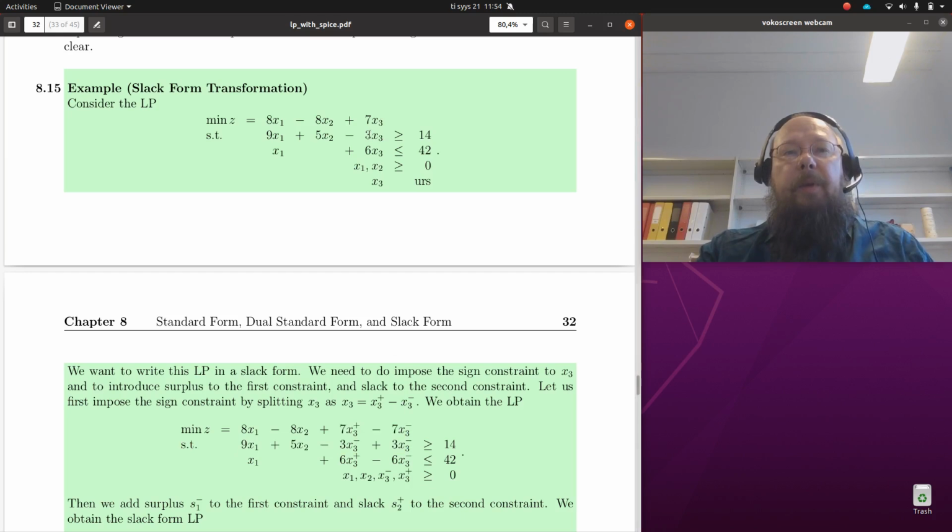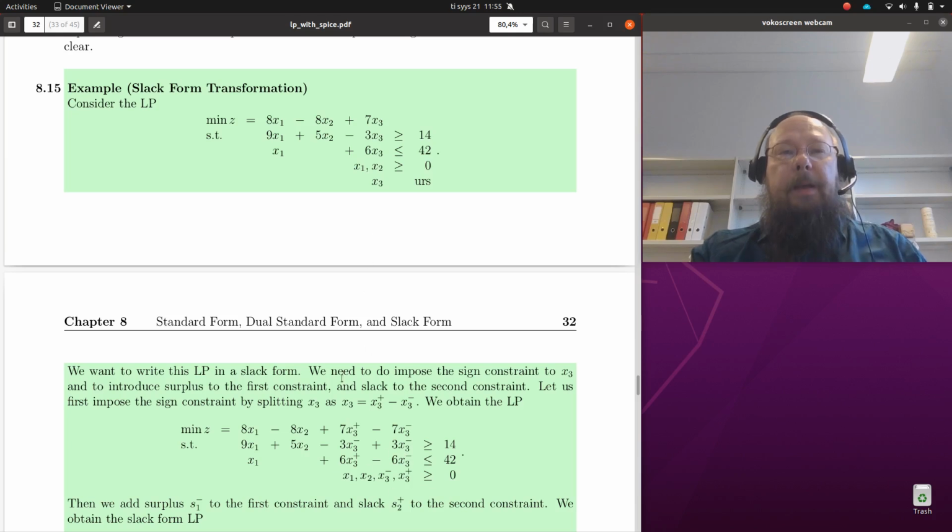Then I do it wherever x3 appears, open the parentheses, and adjust these columns so that this is an x1 column, x2 column, x3 plus column, and x3 minus column. So this is what happens here.